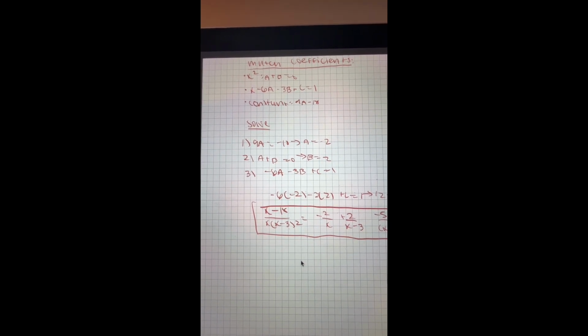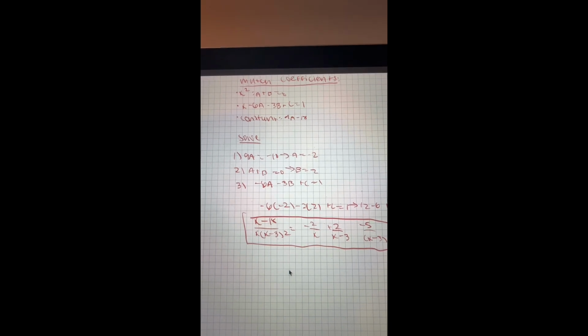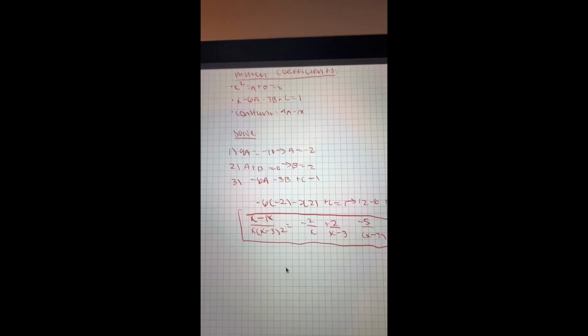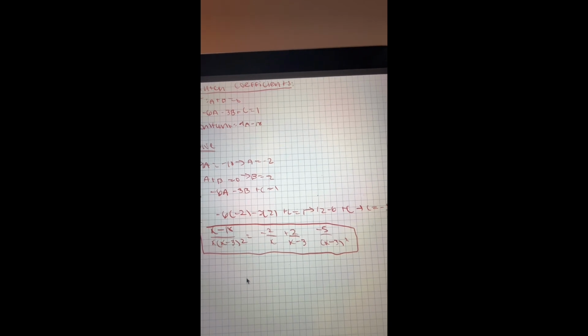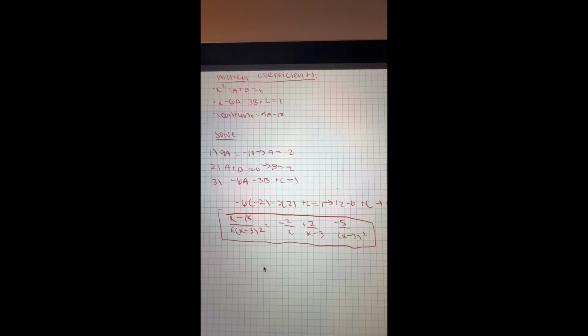And then for the next one, you have A plus B equals 0, so negative 2 plus B equals 0, and you end up getting B equals 2. And for the last one, you have negative 6A minus 3B plus C equals 1.